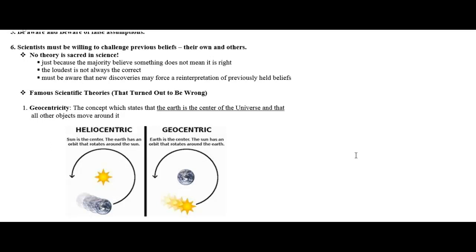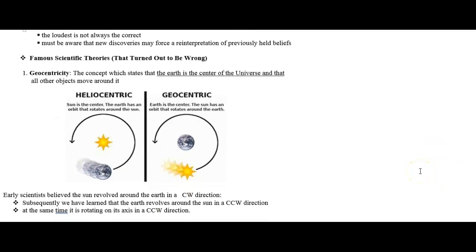And let's look at this very famous one that turned out to be wrong. Geocentricity. The concept which states that the Earth is the center of the universe, that all other objects move around it. And this is exactly what it looks like.